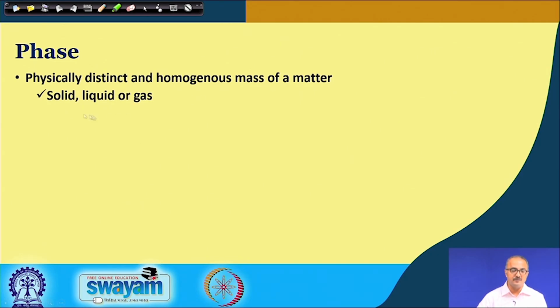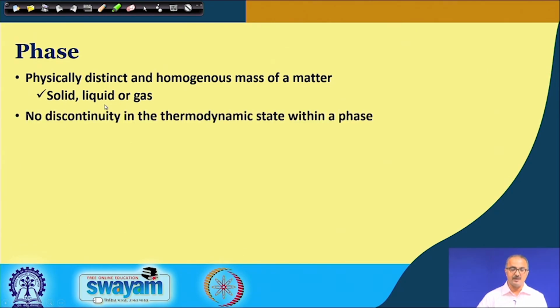Okay. So, we have solid, liquid or gaseous phases, and also in a phase there is no discontinuity in the thermodynamic state. So, what it means is that if you see some property like density, you will find it will have a consistent value, it will not show any abrupt change.